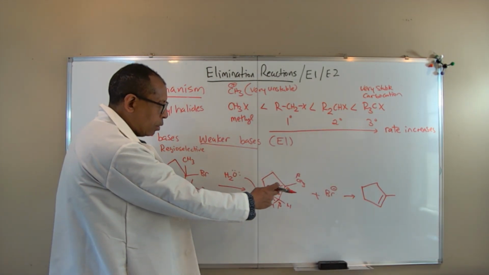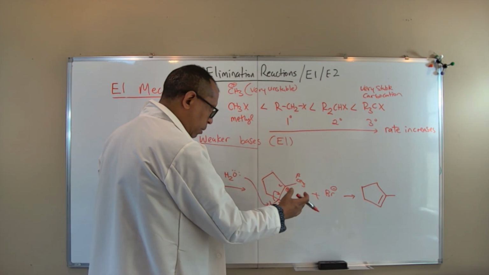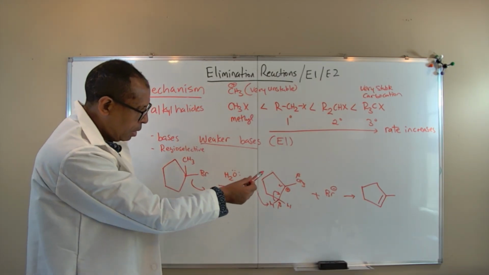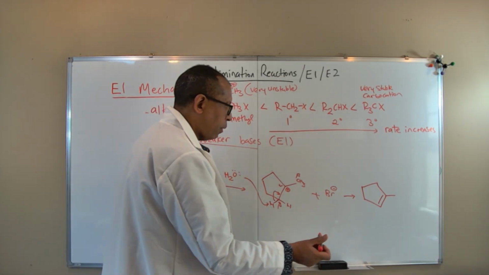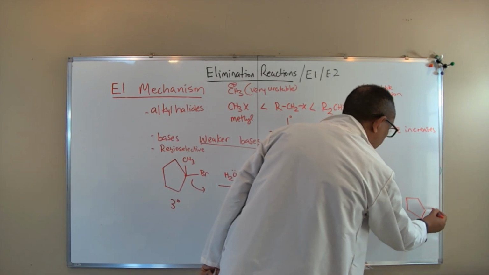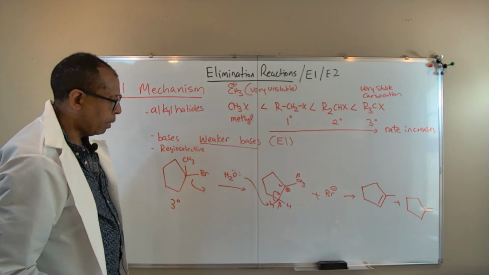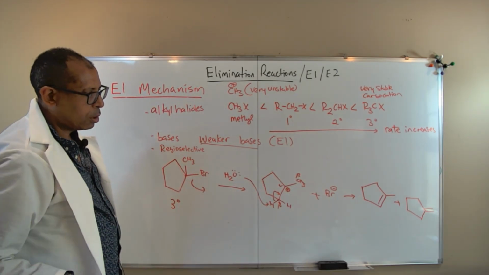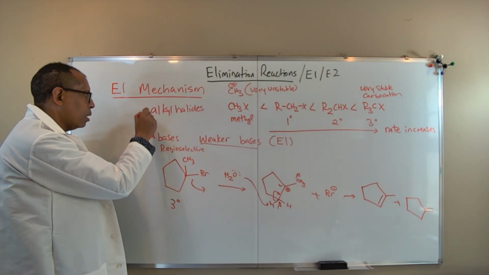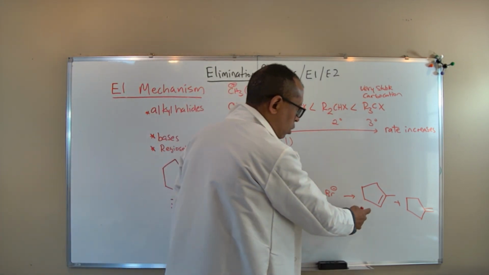How about if I took one of the protons from this other beta carbon? Always the beta carbons tend to lose that proton. So if you abstract one of the hydrogens from the CH3 group, you would form this product as well, with the double bond across that bond. Because alkene formation is regio-selective by the Zaitsev rule, which one is the major product between these two?